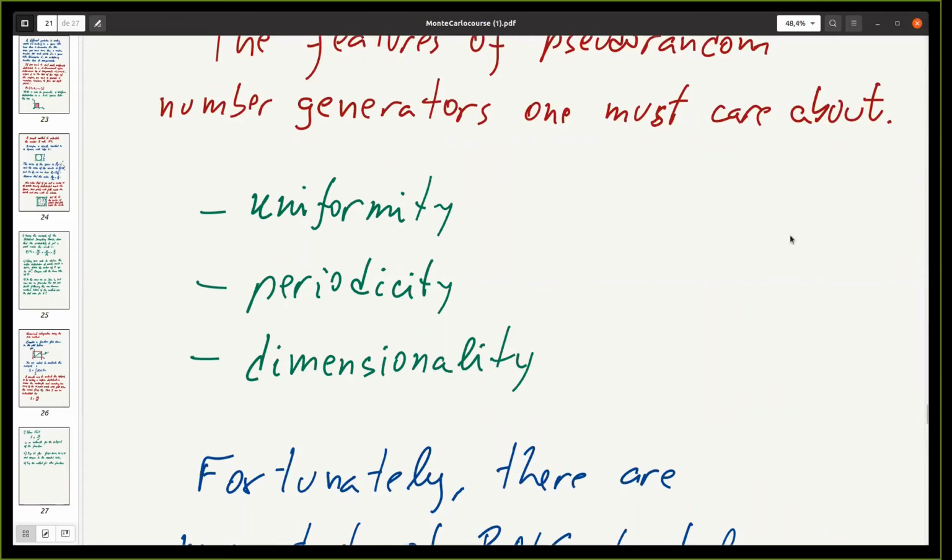Hello, guys. In the last class, we studied some tests of, not really tests, but some features of the random number generators. And we found out that there are three aspects of random number generators that are important: uniformity, periodicity, dimensionality.